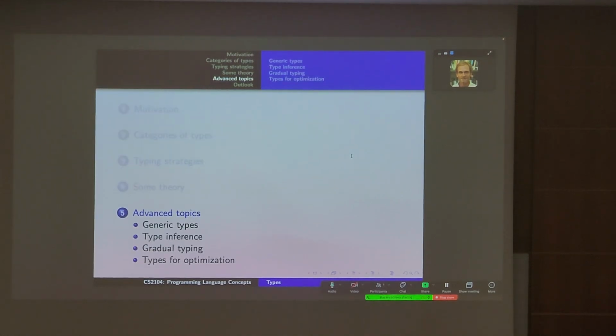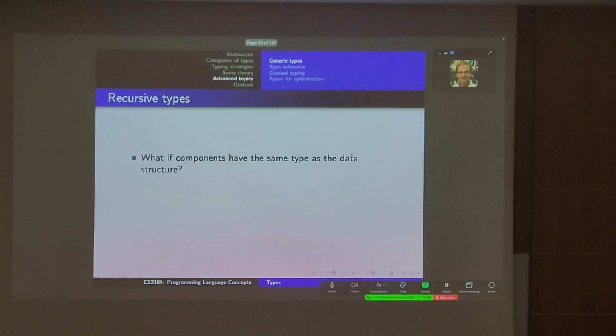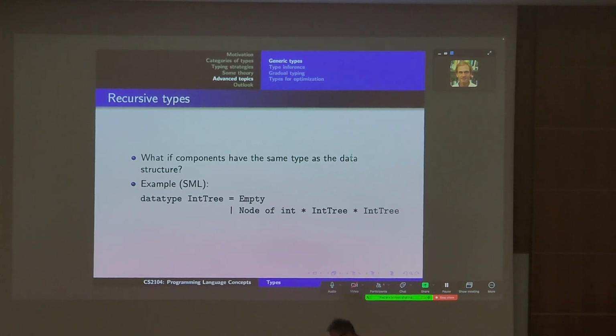All right, let's look at some advanced topics. The first advanced topic that I have listed here is recursive types. It is possible in many languages to recursively describe types. Here's again an example from XML. You have a data type int tree, and an int tree is either the empty tree or a node that has an integer and two subtrees that are themselves int trees.